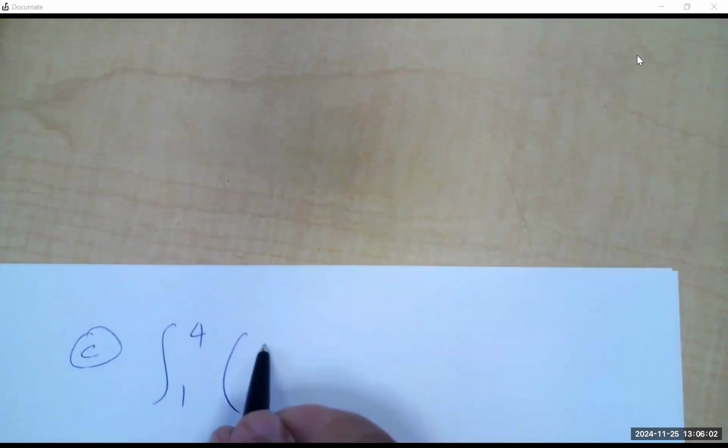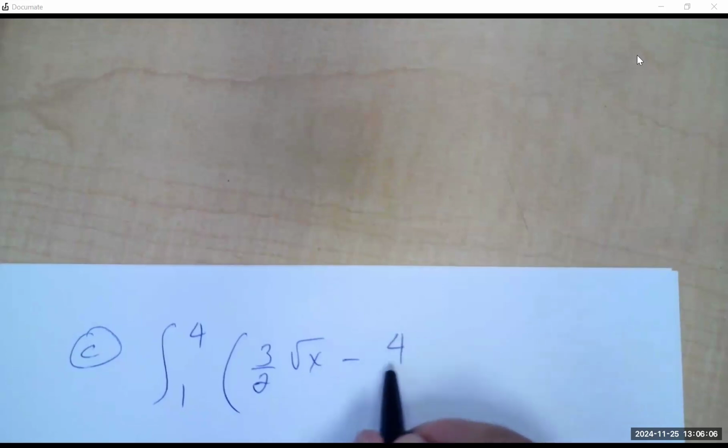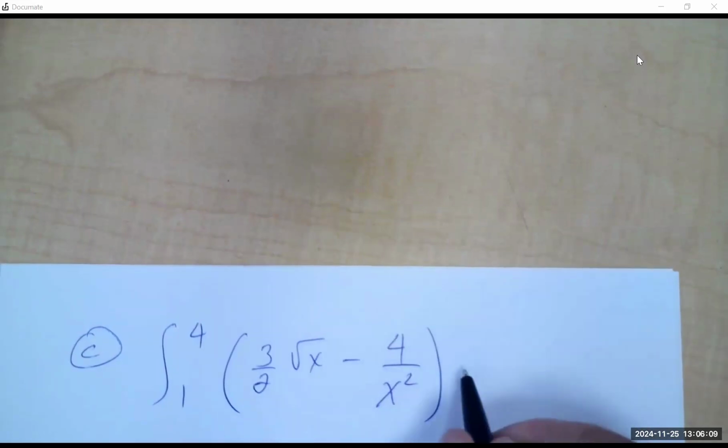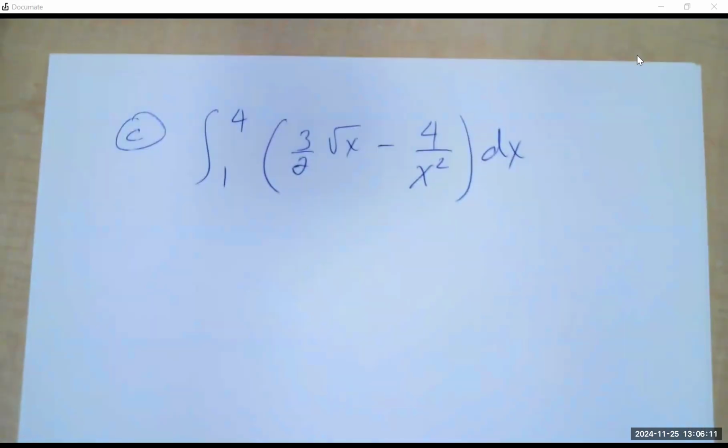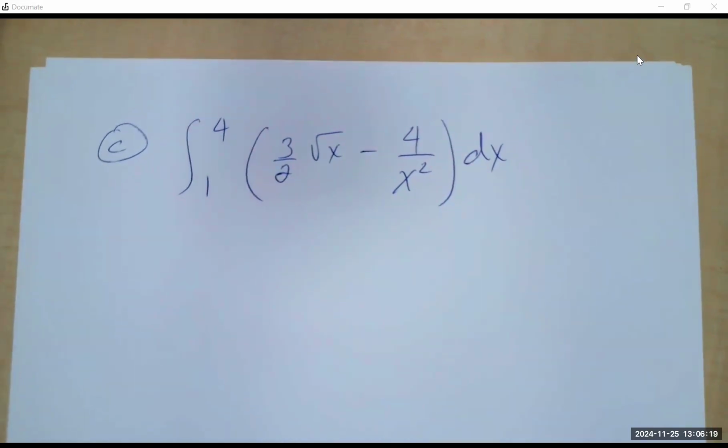Do a couple more, and then we'll call it a day. The integral from 1 to 4 of 3/2 radical x minus 4 over x squared dx. I don't know how you're doing this without writing anything down.